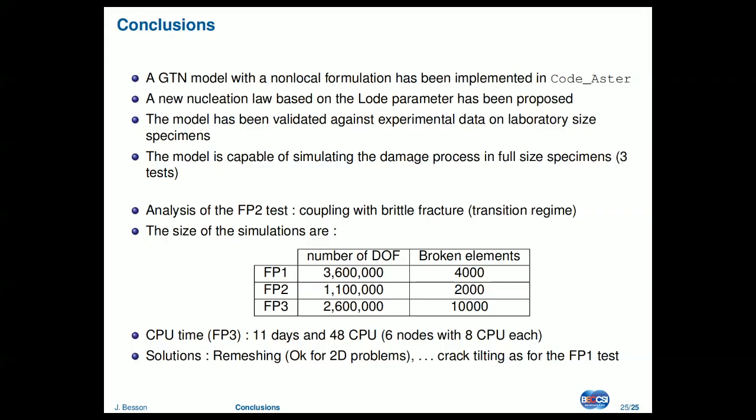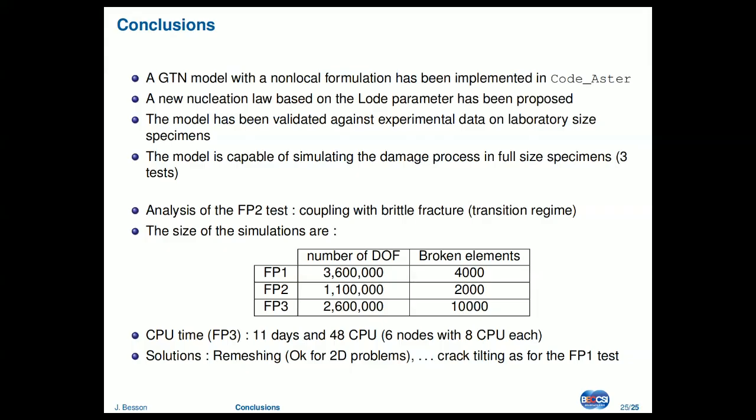What is important is the number of elements you break. In the last case, you break up to 10,000 elements. You remove them from the calculation. So that's a lot. And you cannot make a huge time step where you remove 1,000 elements at one time. So it has to be very, very long. You have to make a lot of increments, and each increment is very expensive.